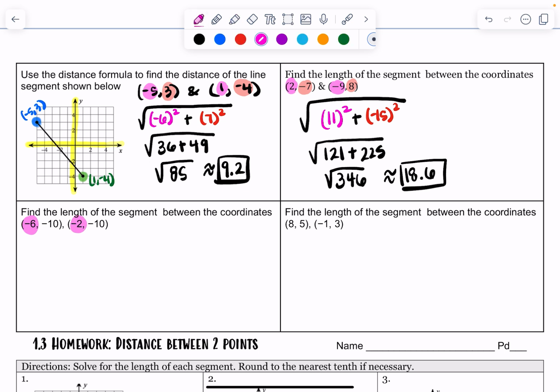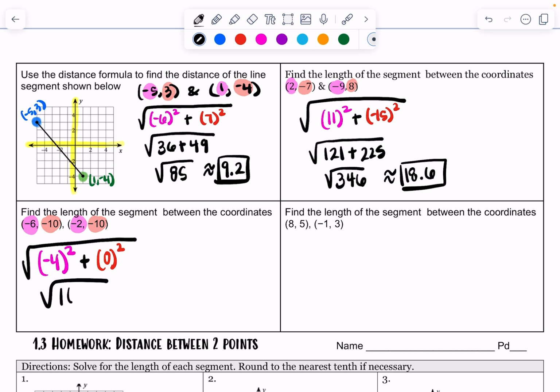Difference of our x's plus the difference of our y's, and then we're going to add them together and then take the square root. This time, the square root of 16 is a whole number answer. So we get 4 for this one.